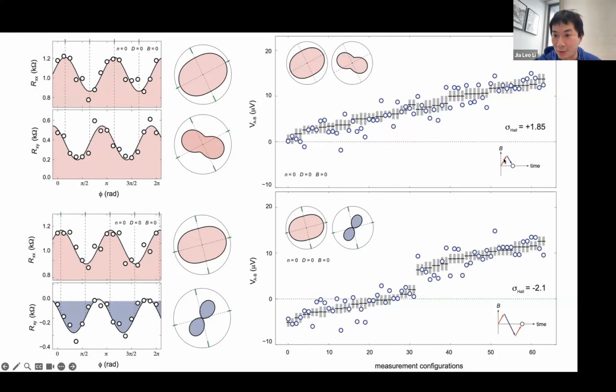So if you do a positive B field training and come back to 0, you get a Hall conductivity of 2.3 e squared over h. And if you do a negative B training and come back to 0, you get a Hall conductivity that's negative 2.1 e squared over h, right? So the Hall conductivity we measure is actually fairly significant.